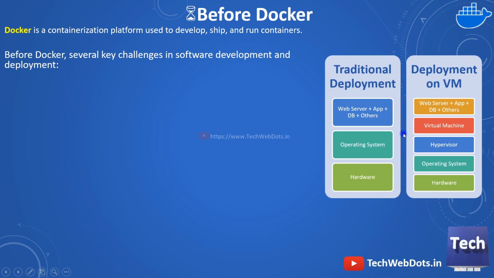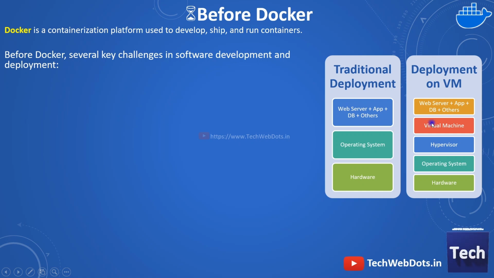Traditionally, we used one hardware and an operating system on top of it, and on top of it we install the required web server, deploy the application, deploy the DB server and other required libraries to run our application.